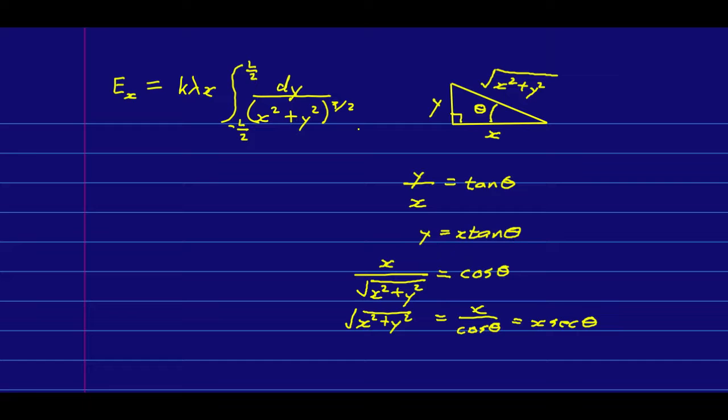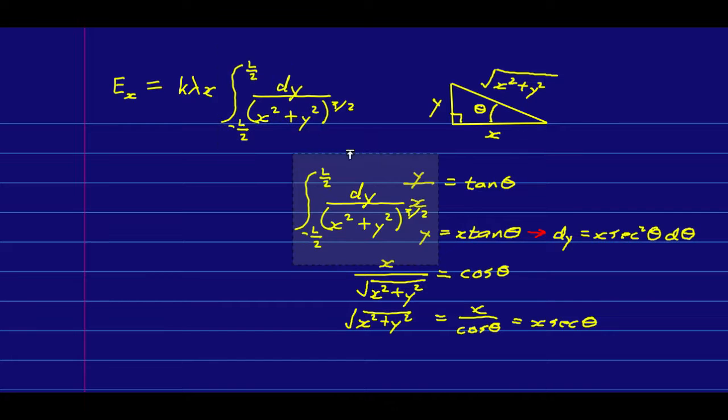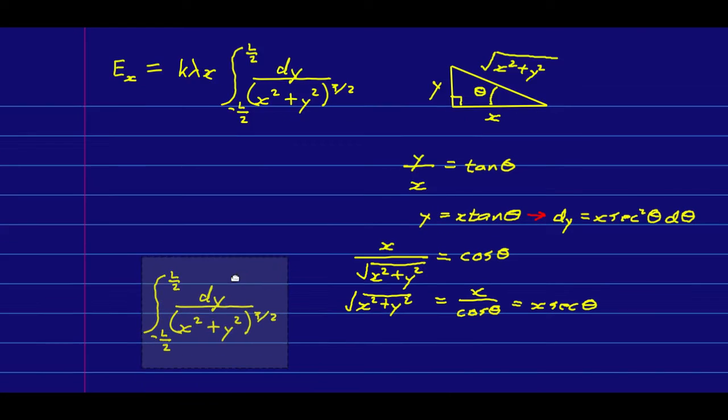This is where knowing your derivatives of your trig functions is useful, because we're going to need dy. And so dy is, well, x, and the derivative of tan is secant squared, and so then we have our d theta. So now I can rewrite this whole integral in terms of theta.